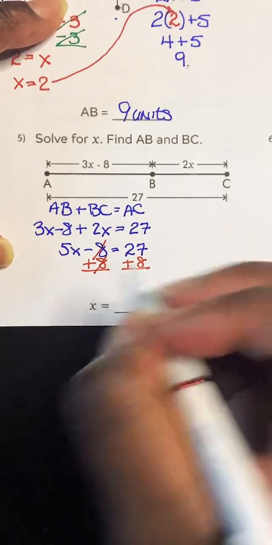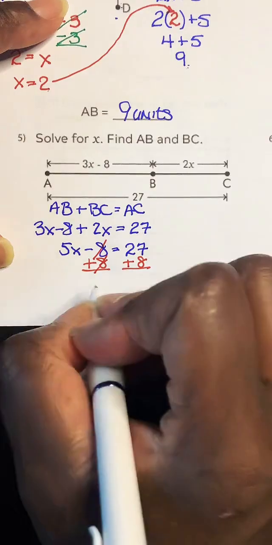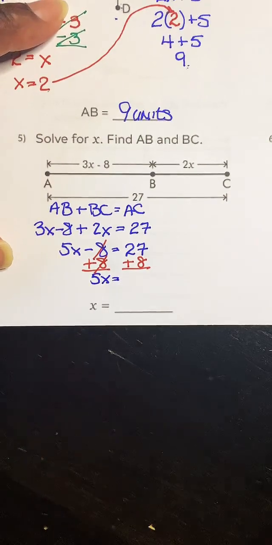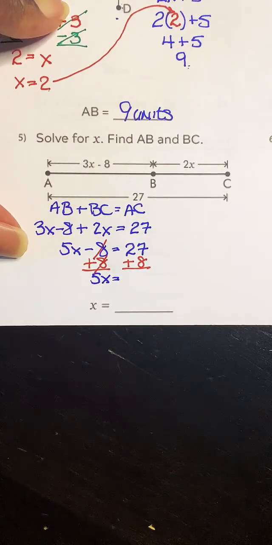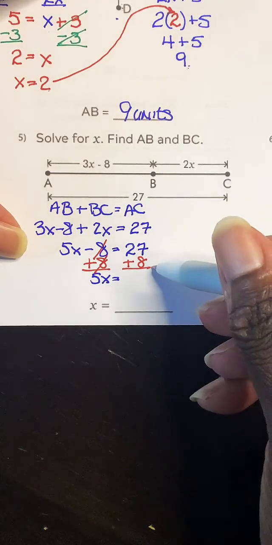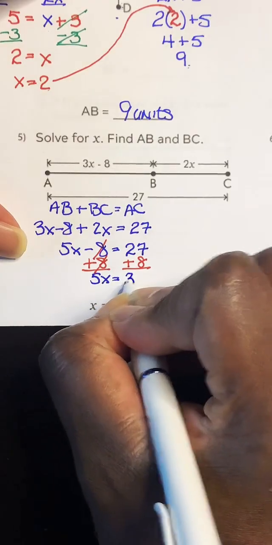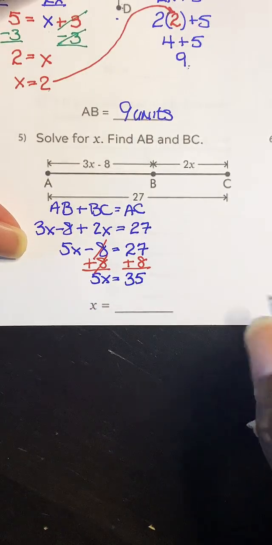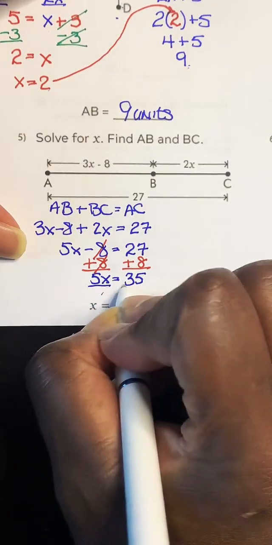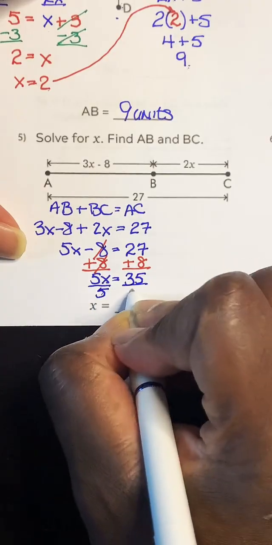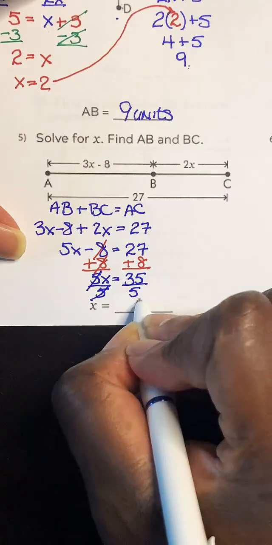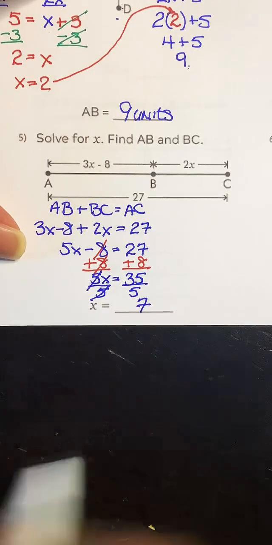Negative 8 plus 8 cancels out, but my 5x is still here, so I don't need that 0 as a placeholder. 27 plus 8 gives me 35. Now, if 5x equals 35, after you divide both sides by 5, not by 5x, by 5, because we're trying to get x by itself, we get x is equal to 7.